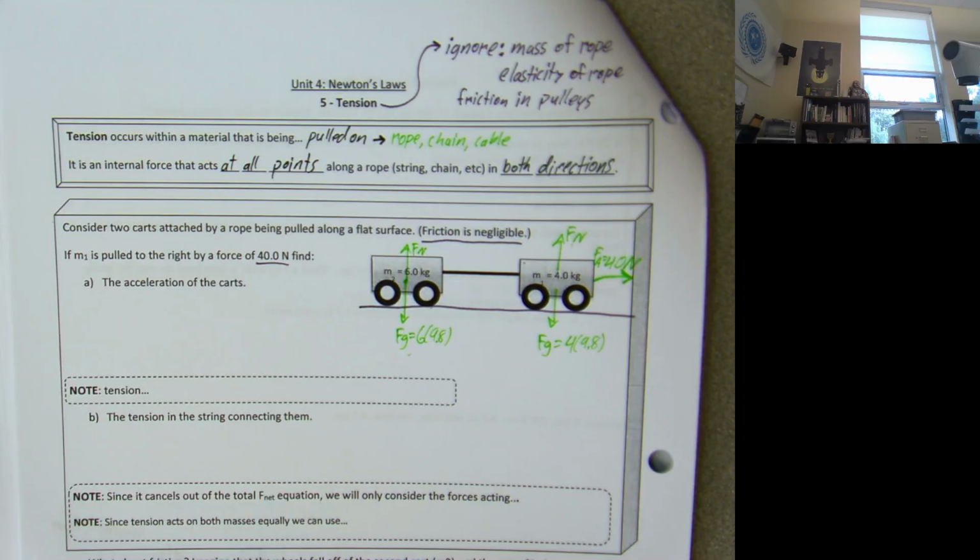Is this block going to accelerate the same way? Why, Brad? Well, the whole system has more mass, yeah, and this block has another force acting on it. I'm not just pulling to the right now. What else is acting on this block?